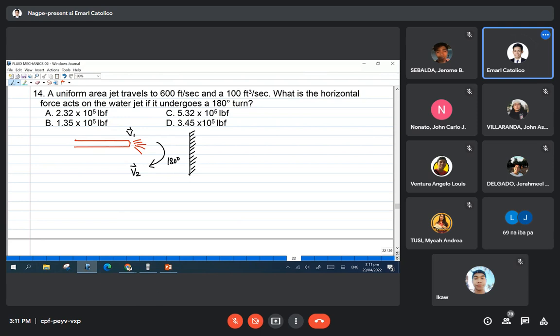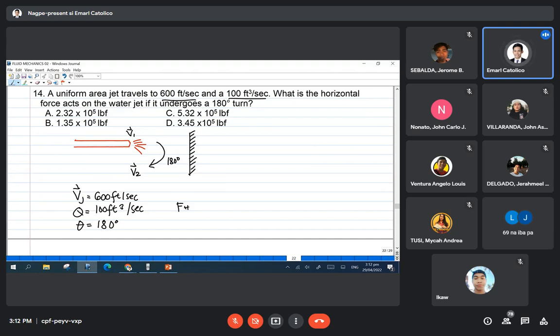Okay? So, kunin natin yung given. So, meron tayong velocity ng jet na 600 feet per second. Yung 100 cubic feet per second, yan yung ating volume flow rate. Then, theta natin is 180 degrees. Ang hinahanap is what is the horizontal force?